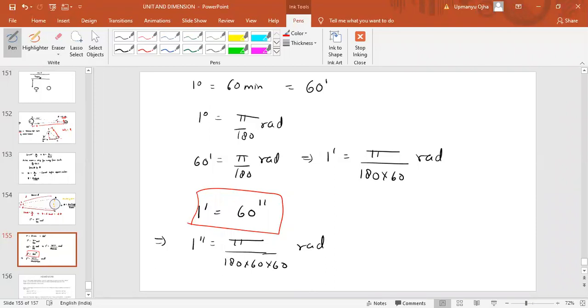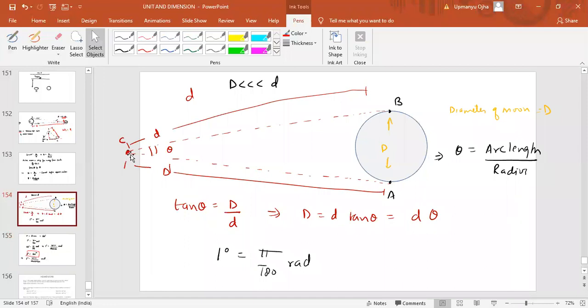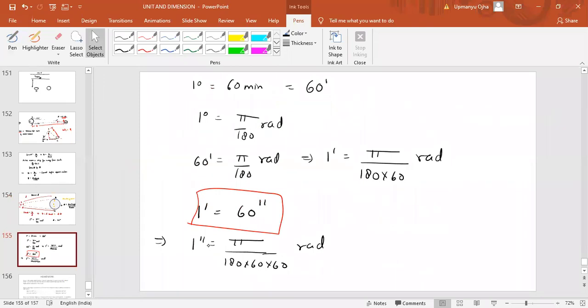They can say that the angle from point C to points A and B, this theta, is given as 50 seconds, which means it is an angle they are giving you. Double dash means 50 seconds. So you have to convert these seconds to radians. How will you convert seconds to radians? By using the relation that 1 second is equal to pi by 180 into 60 into 60 radians. Okay, that's it.